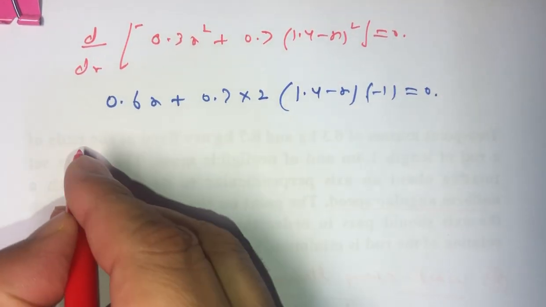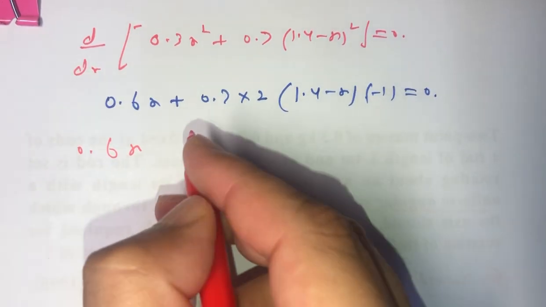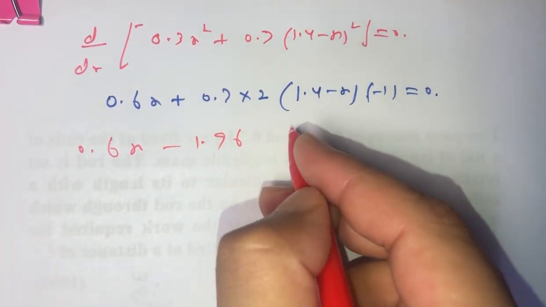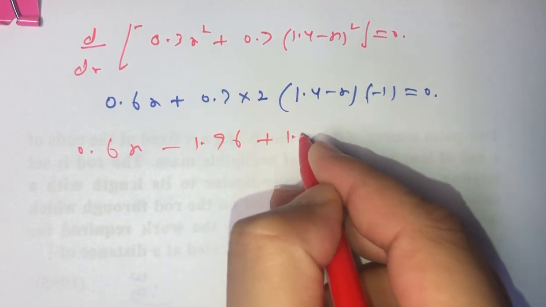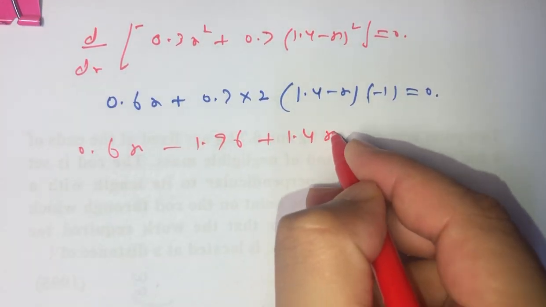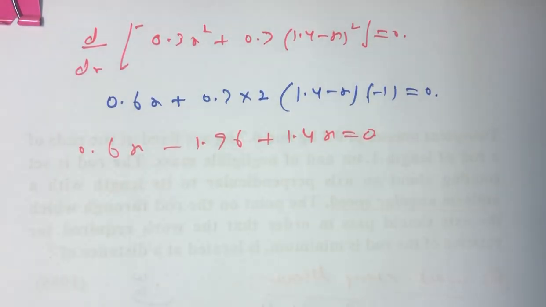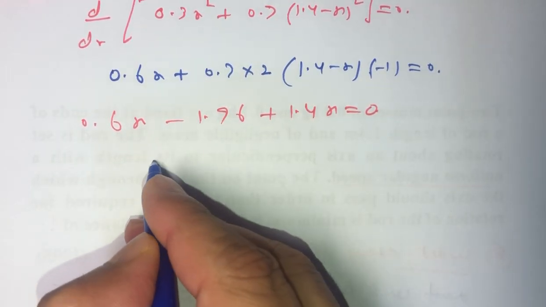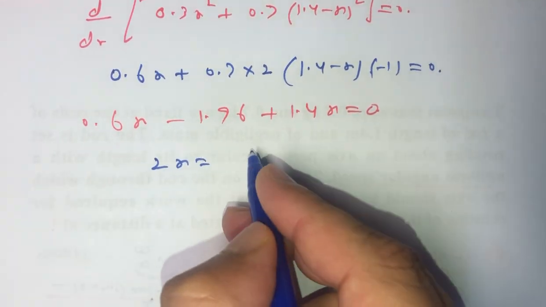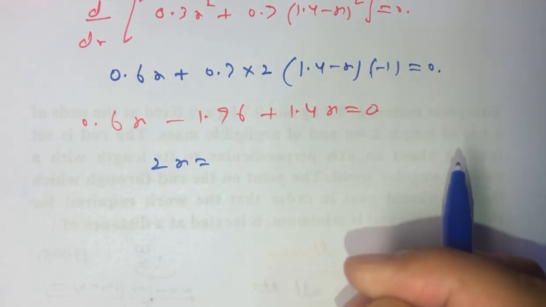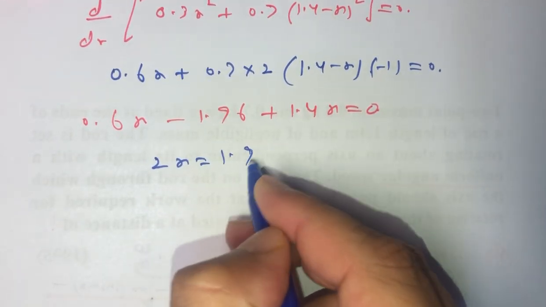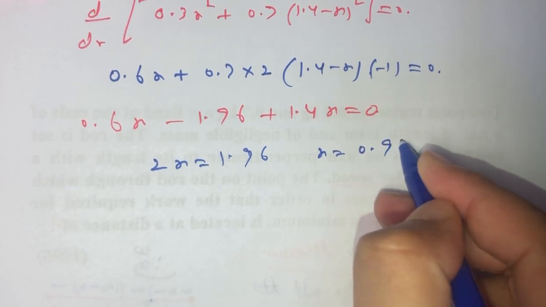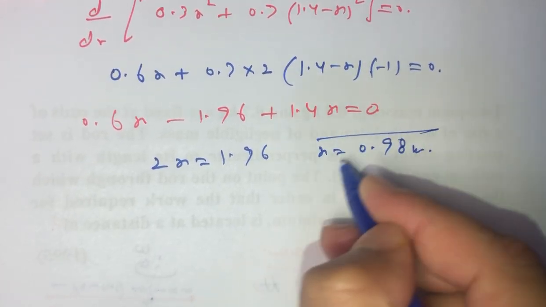So we can write this equation as 0.6x minus 1.96 plus 1.4x equal to 0. So here we get 2x will be equal to 1.96, or we get x will be equal to 0.98 meters.